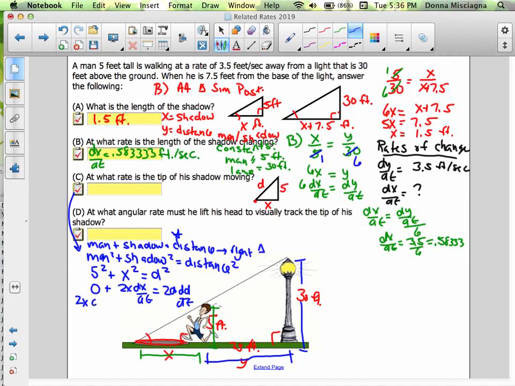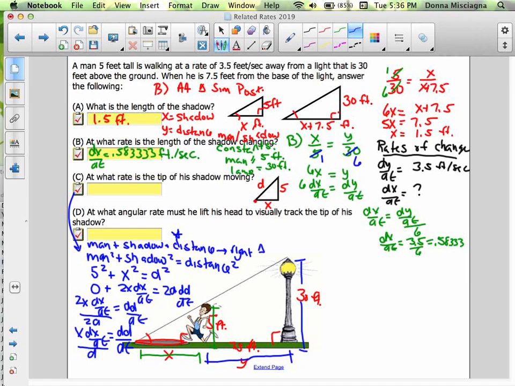So we have 2x dx/dt divided by 2d would give us dd/dt. And we could just cancel out those 2's, right? So that's x dx/dt divided by d gives us dd/dt. There we go. That's a lot of d's.